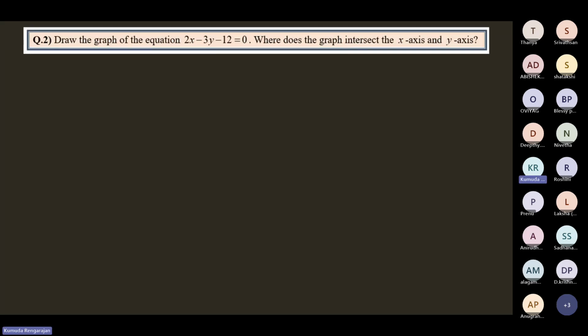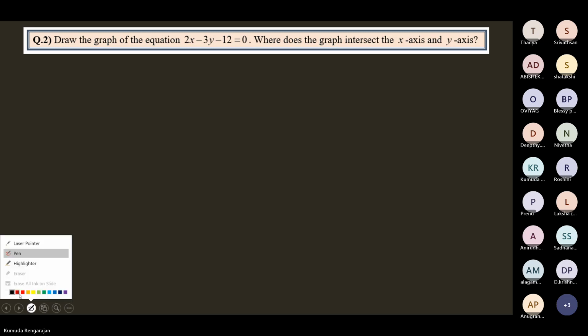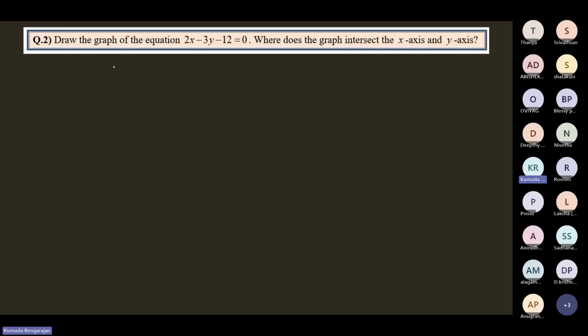So here the question is, draw the graph of the equation 2x minus 3y minus 12 is equal to 0. Where does the graph intersect the x-axis and y-axis? So here what you have to do is prepare an xy table.